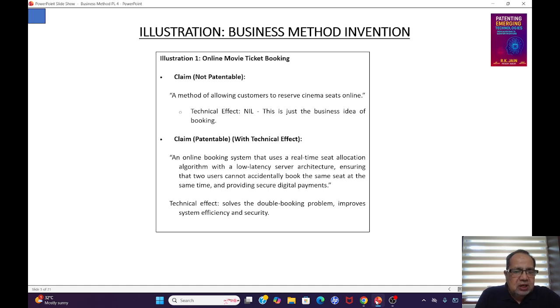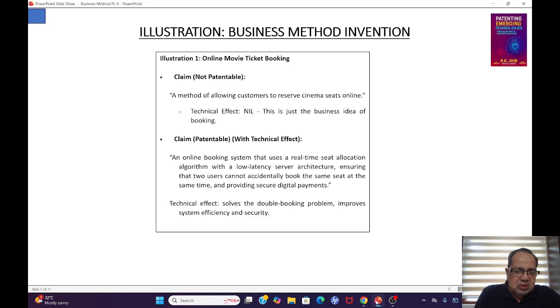Right? So we can draft a claim such that an online booking system that uses a real-time seat allocation algorithm, by saying that it is using a real-time seat allocation algorithm, we are putting the methodology outlined above for online movie ticket booking into this algorithm with a low latency server architecture.